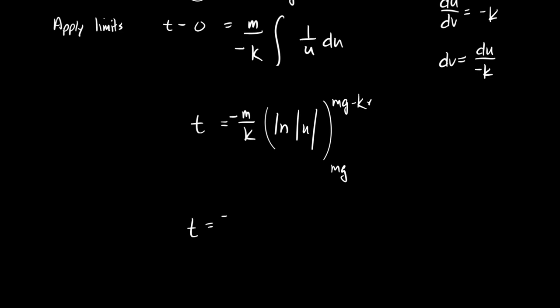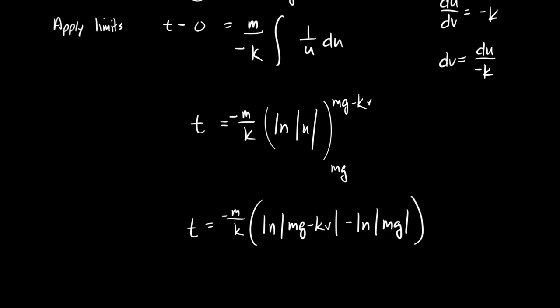So negative m over k, natural log of mg minus kv, minus natural log of mg. And that's it. All the calculus is done. That's not the answer. That's the calculus being done.